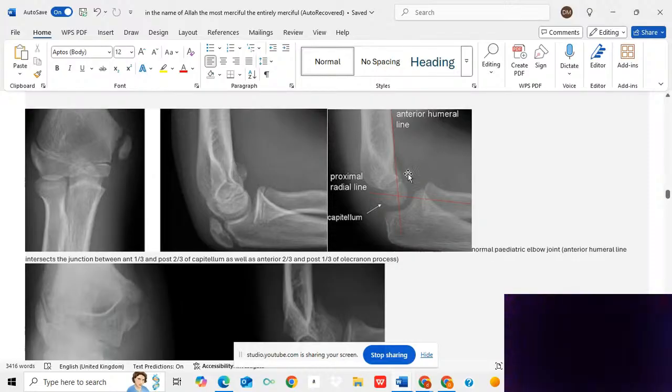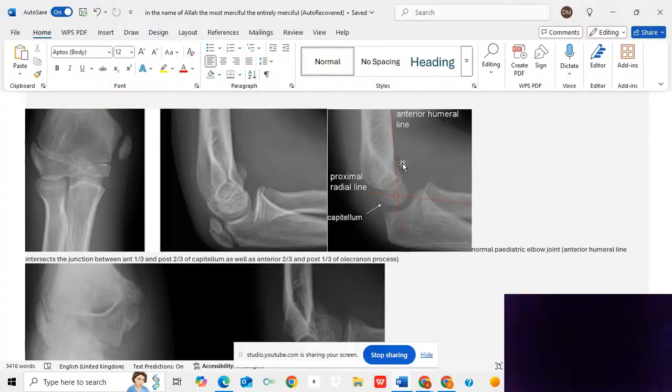The anterior fat pad sign can be masked by the fractures here because the fractures in the pediatric elbow is not common here. It's common to be supracondylar fracture. So the fracture is more common here. So sometimes it can mask the elevated fat pad sign.